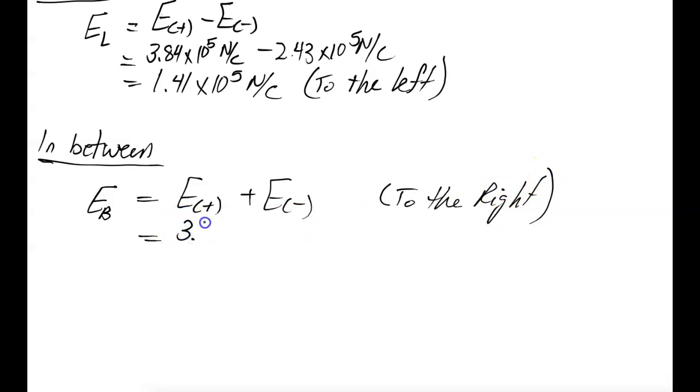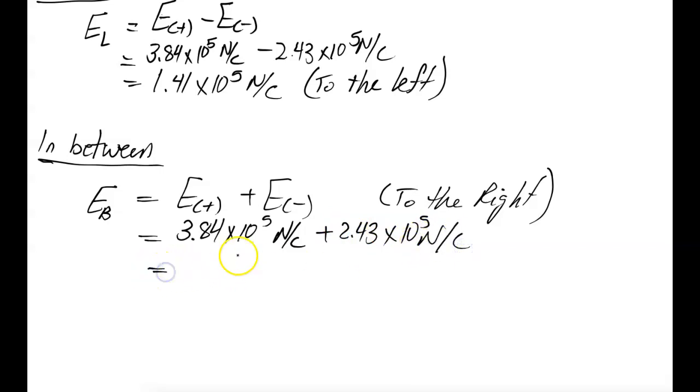And again, 3.84 times 10 to the 5th Newton per coulomb plus 2.43 times 10 to the 5th Newton per coulomb, which is the same as 6.27 times 10 to the 5th Newton per coulomb.